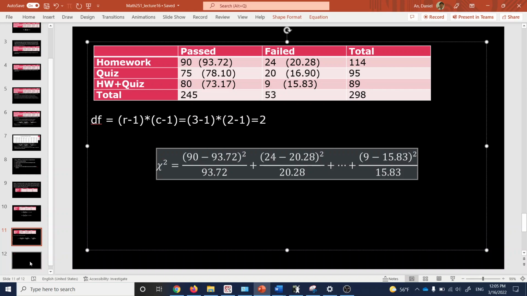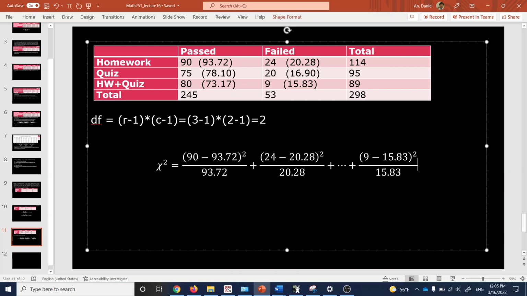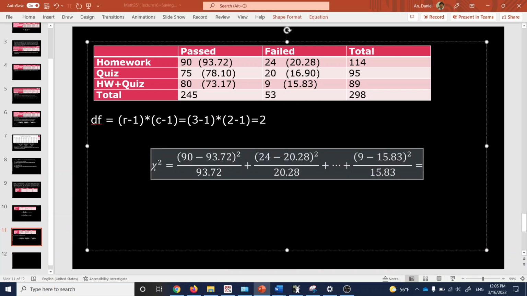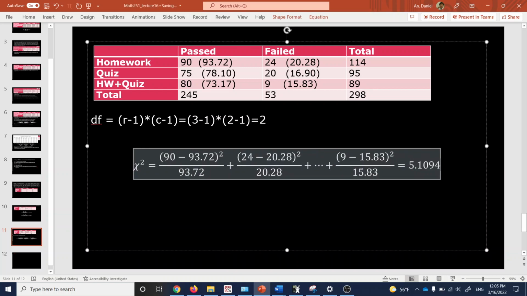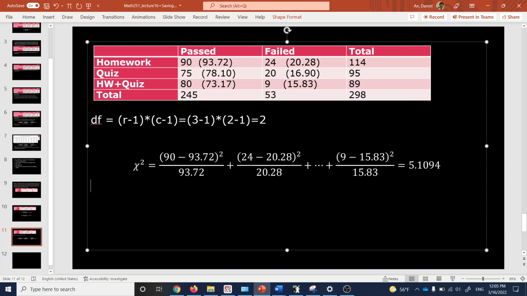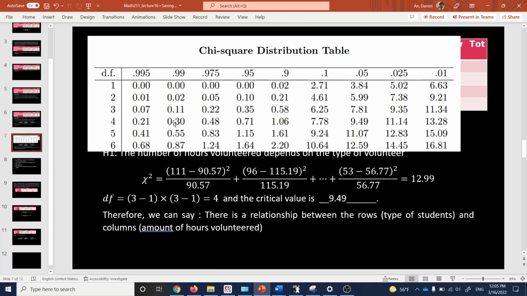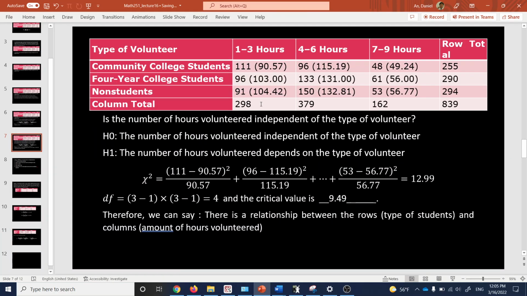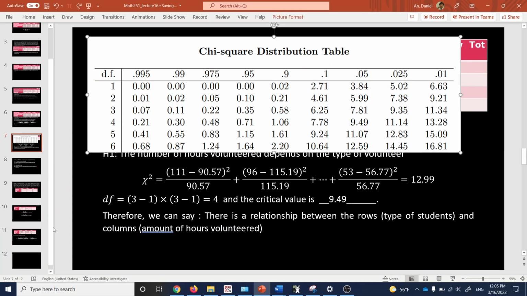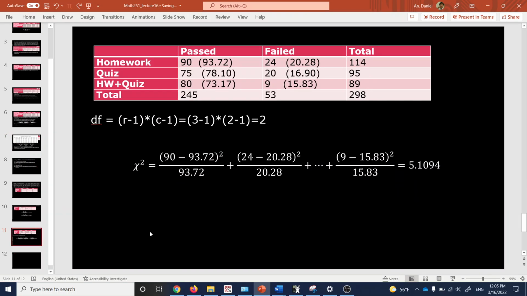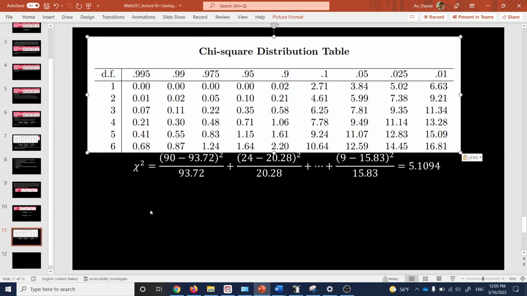And I actually have the value for this computed: 5.1094. So let's say we put this into a calculator, 5.1094. Okay. Now, is this significant? So let's go to the table. Let me copy this over here. Let's look at this table.